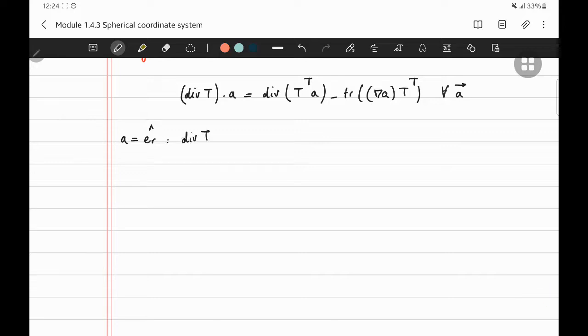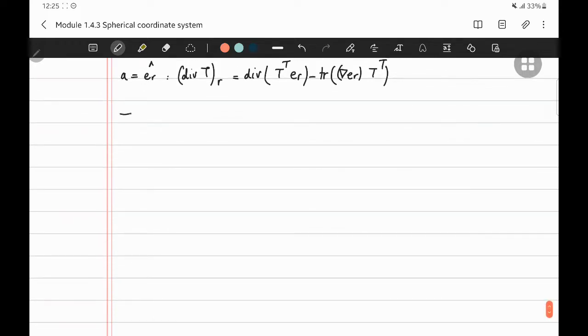So the divergence of T for the R component would be the divergence of T transpose ER minus the trace of del ER T transpose. We first start with the divergence of this expression, then we find del ER, find its product by T transpose, and finally we take the trace and subtract this term from this term.